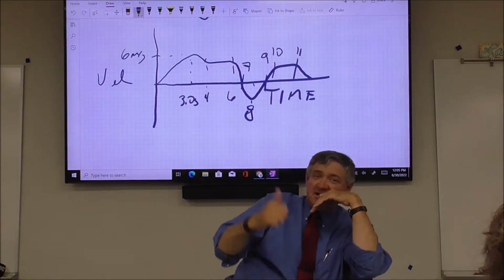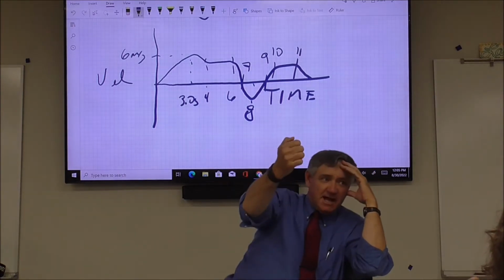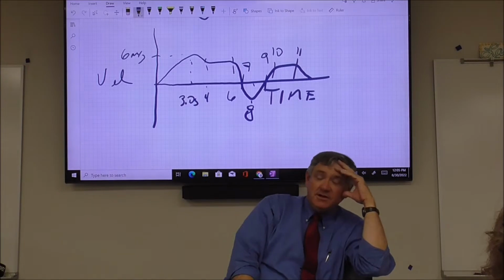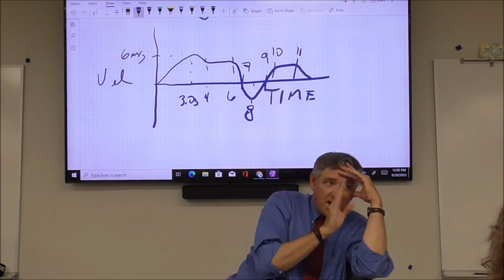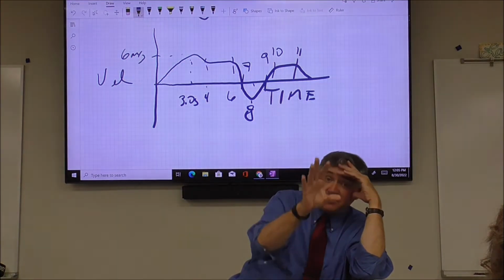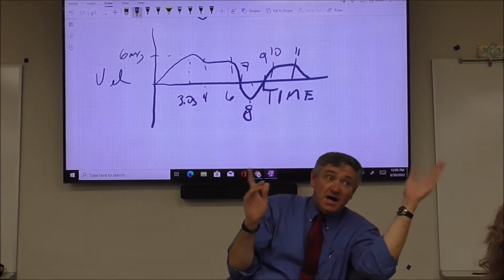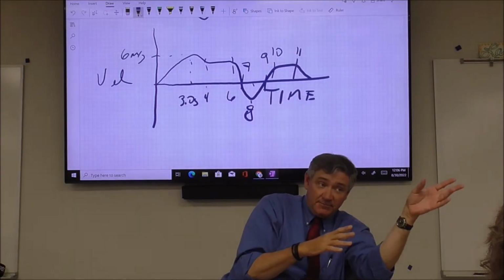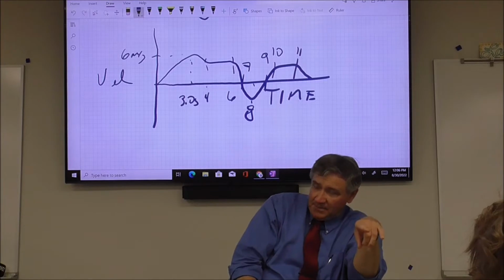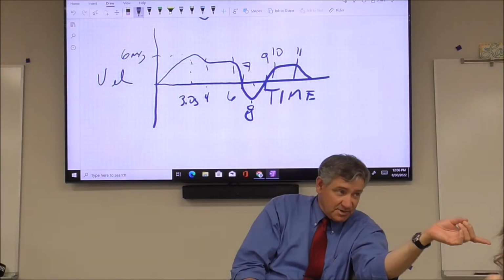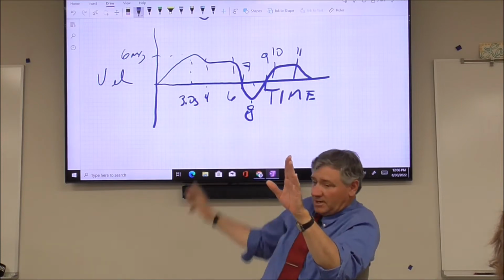So Jack goes out with me, and Jack happens to have a stopwatch with him. So Jack's going to keep track of the time, and I'm going to look at my speedometer, not a velocimeter, because I don't know velocity. I just know how fast I'm going. So this is a velocity time graph.